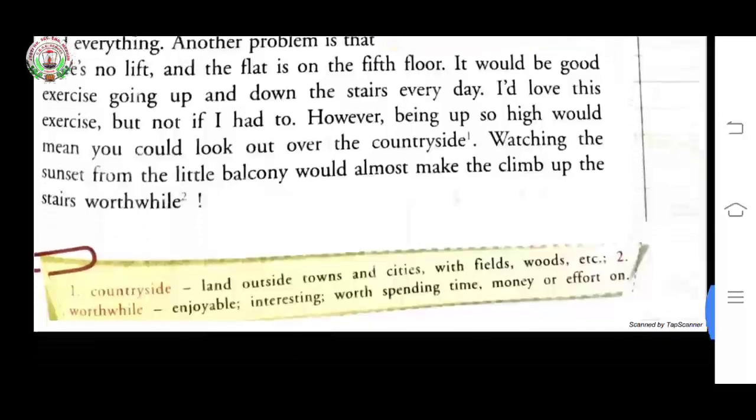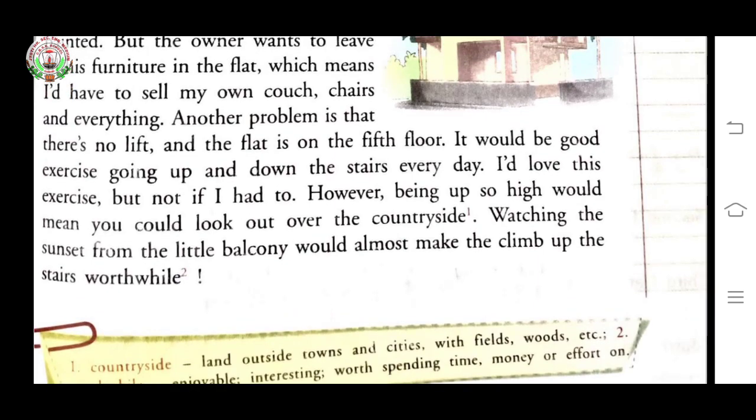Countryside means land outside towns and cities with fields, woods, etc. So now she is saying, being up so high, it means she could look out over the countryside. She can watch everything from the 5th floor.